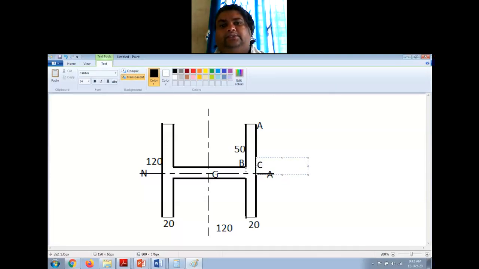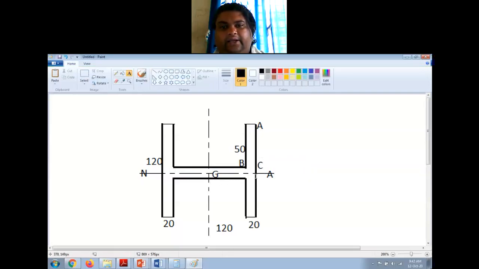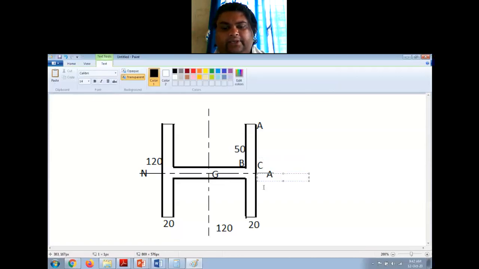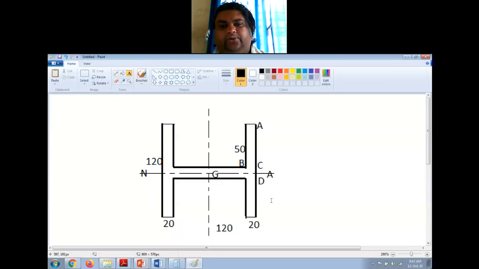But C is on this fiber, above the flange, and B is at the bottommost layer of the web and flange intersection, right? And one more point is D, which is on the neutral axis.